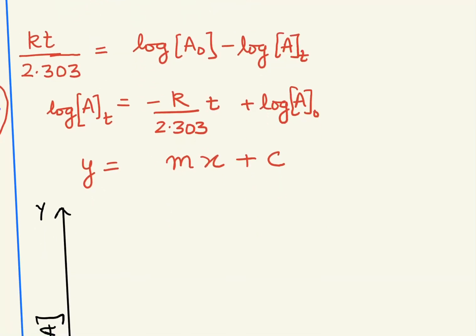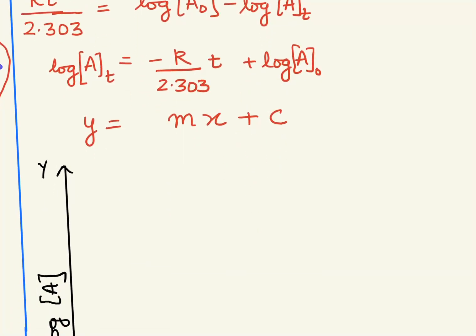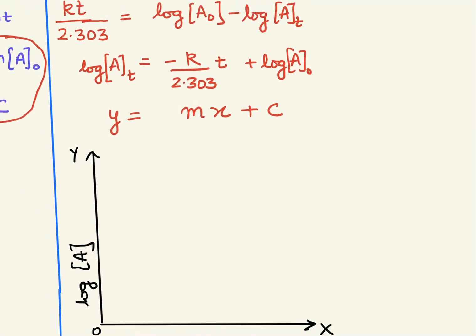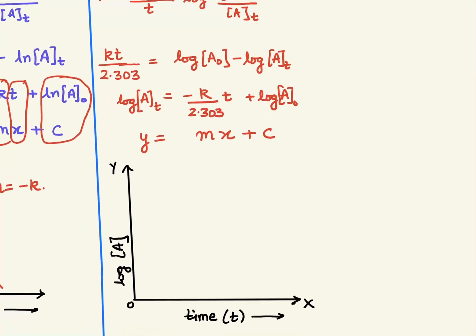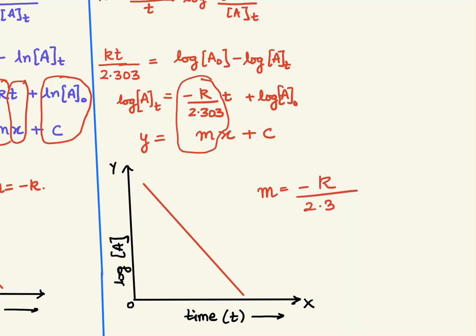Yes, it's a negative slope. Correct. So when we draw the graph of this, let's go ahead. The graph of this again would be like this only. So what's the difference between the two graphs? Yes, you see what slope is being represented over here as minus k upon 2.303. So the slope of this graph gives you the value minus k upon 2.303.